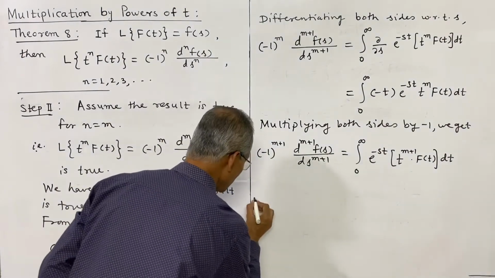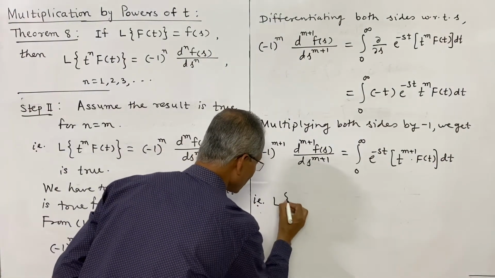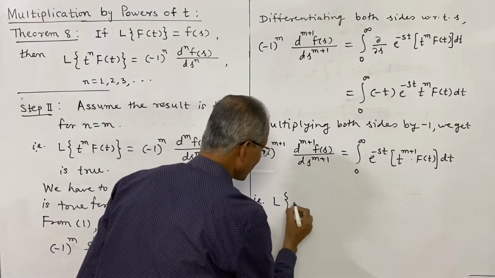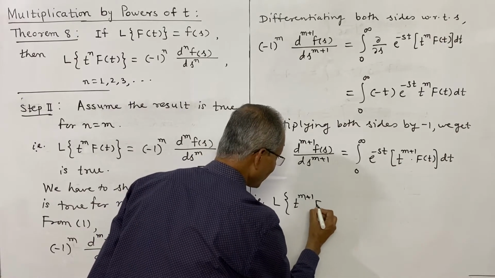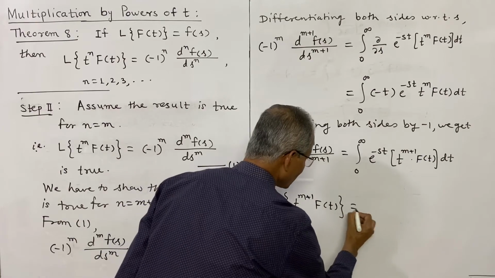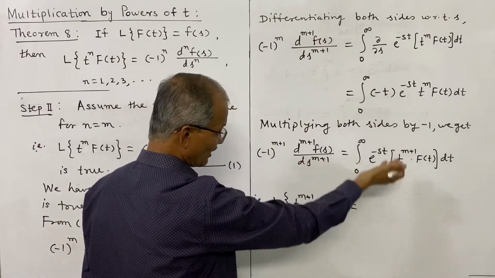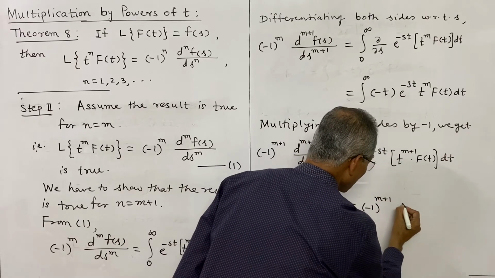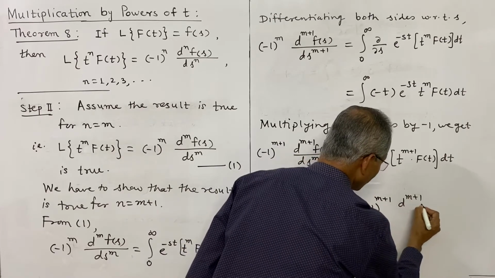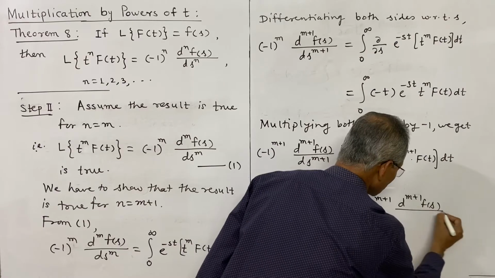interchanging the sides, we can write the Laplace transform of t power m plus 1 into f of t is equal to, and I am writing this side as RHS, minus 1 power m plus 1, the m plus 1th derivative of f(s) with respect to s.